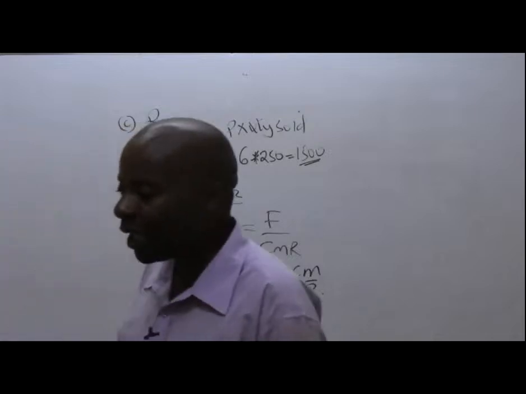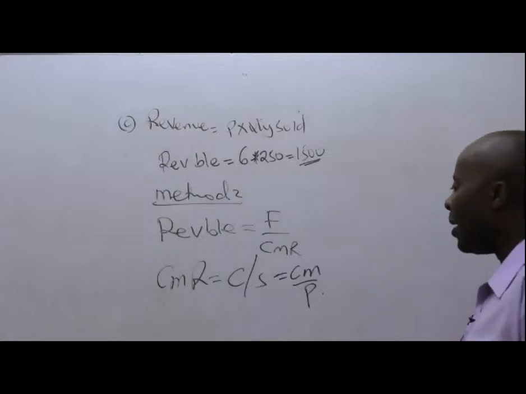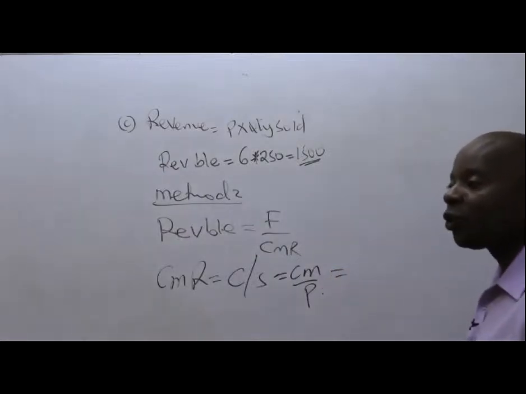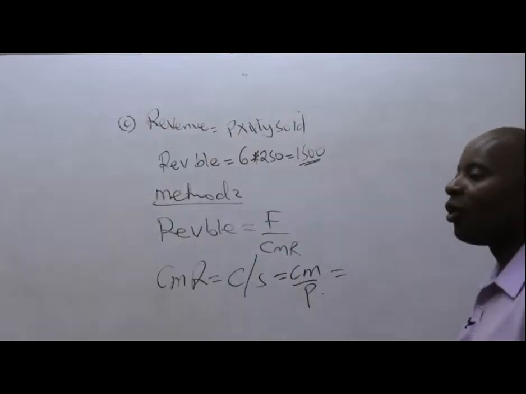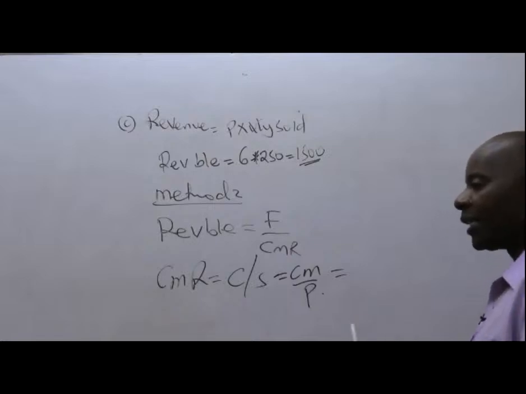In our case here, to get contribution margin, we normally take price minus variable cost.